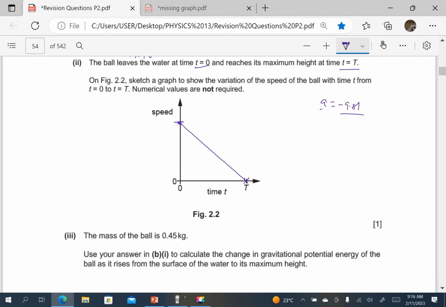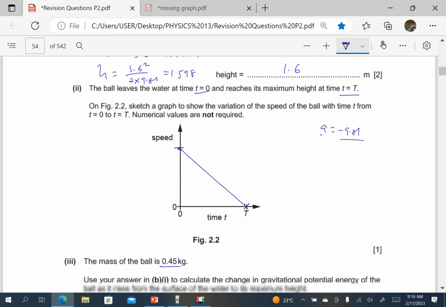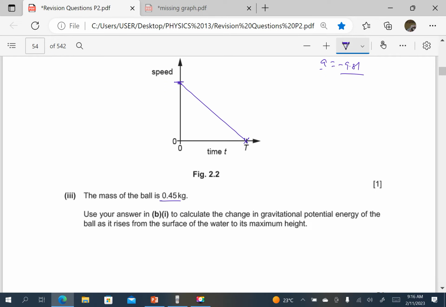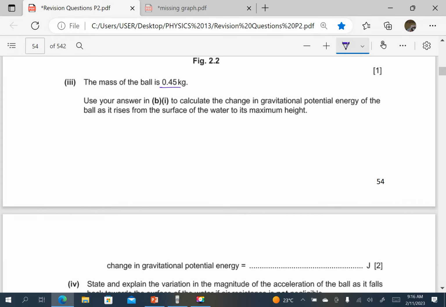The mass of the ball is 0.45 kilograms. Use your answer in part B roman 1, which is the vertical height, to calculate the change in gravitational potential energy of the ball as it rises. Change in gravitational potential energy is equal to mg times the change in height h. So the mass is 0.45, g is 9.81, and the height is 1.6, as we have calculated.